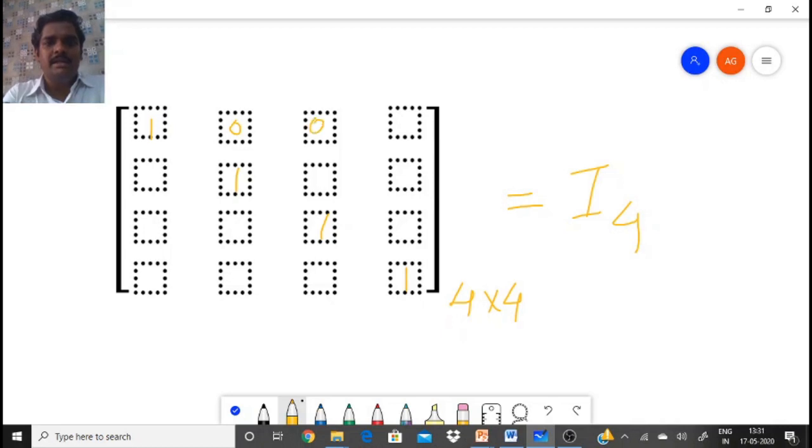So all other elements you have to put 0. So here you get I4, nothing but the identity matrix of order 4.